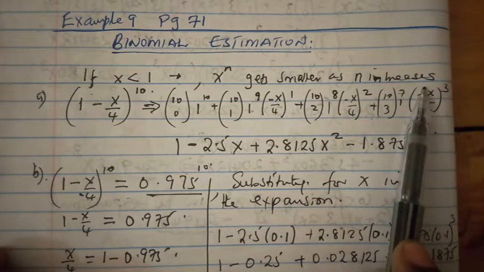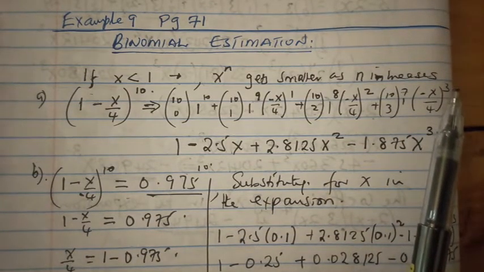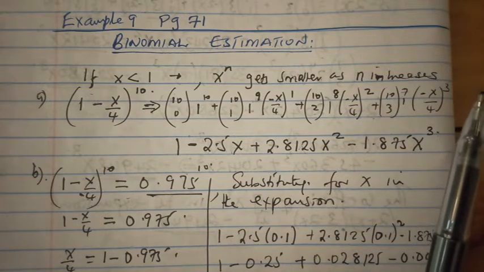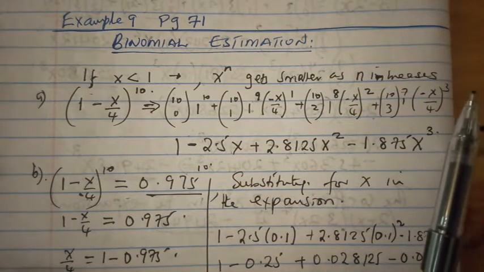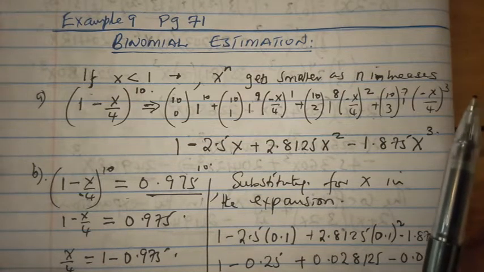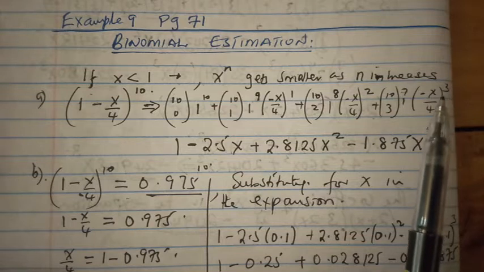I will explain that. When a fraction is raised to a higher power, it becomes a smaller number as the power increases. For example, if a half is squared, we have a quarter. If a half is cubed, we have an eighth, and an eighth is smaller than a quarter.